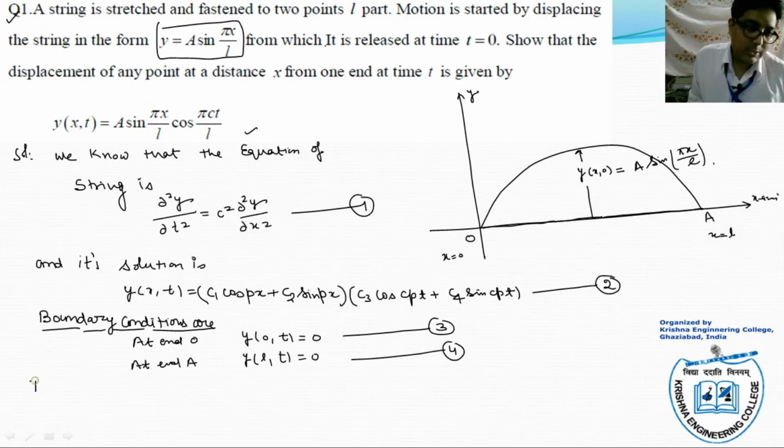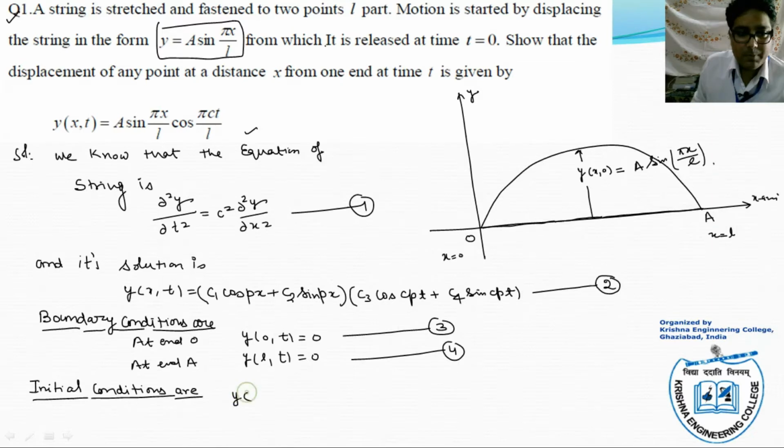So initial conditions are, first initial condition is initial displacement y x comma 0 is equal to, given in the problem, a sine pi x by L. This is the equation number 5th, right?